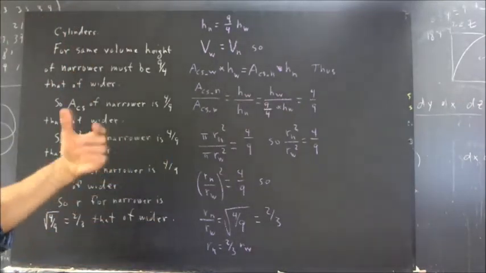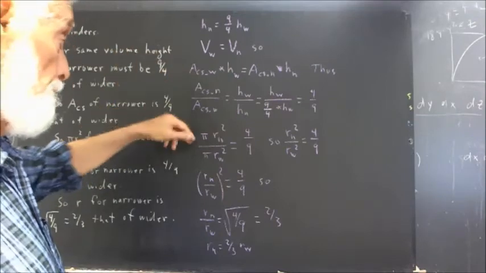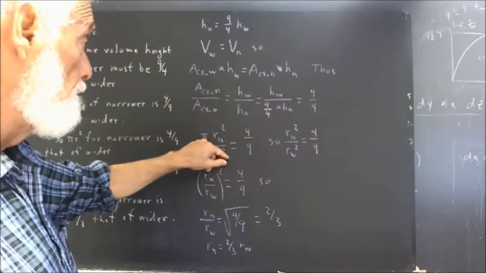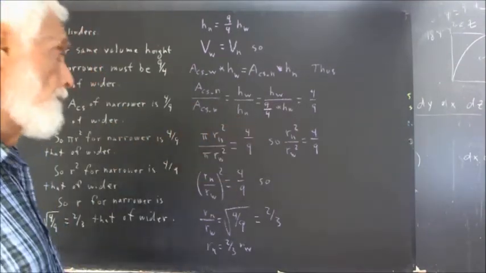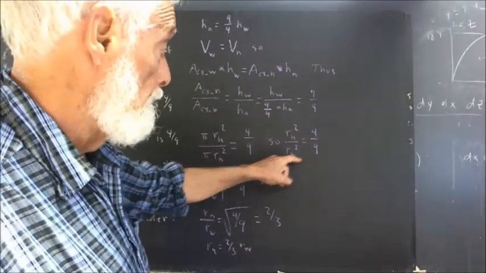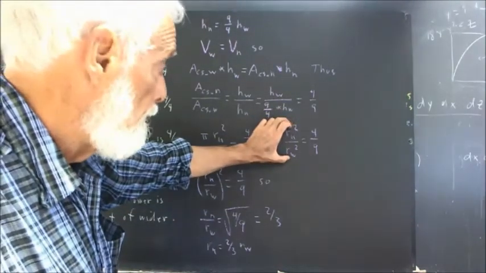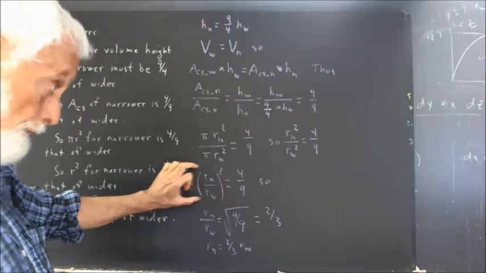That means, of course, since the area is pi r squared, pi times the radius of the narrow squared over pi times the radius of the wide squared is going to be the same as this. It's going to be 4/9. So the pi divides out, and we get rn squared over rw squared equals 4/9. That's (rn over rw) squared, and that's 4/9.